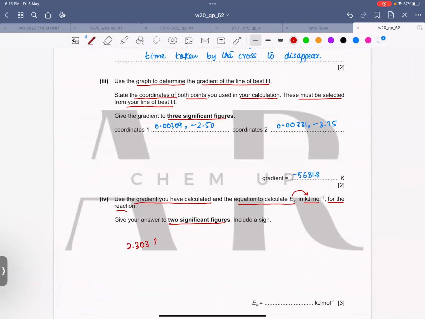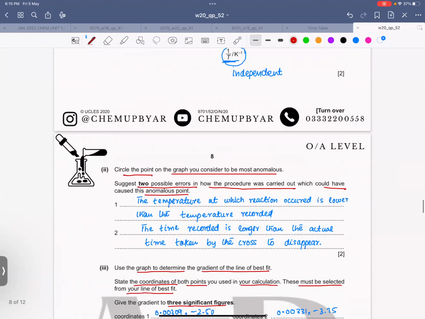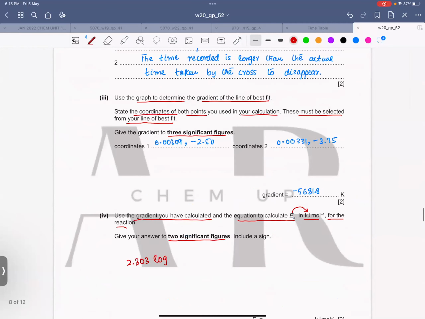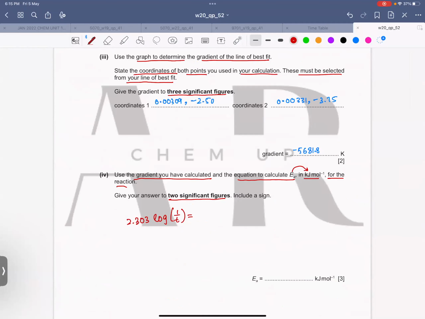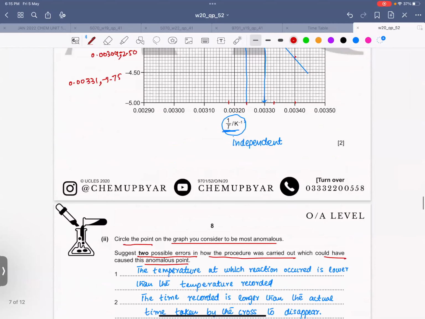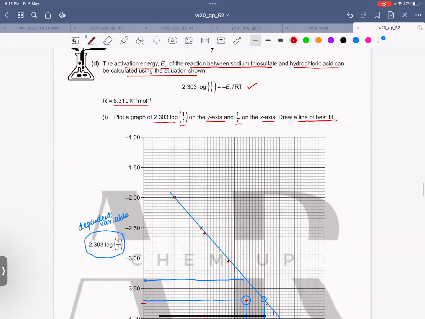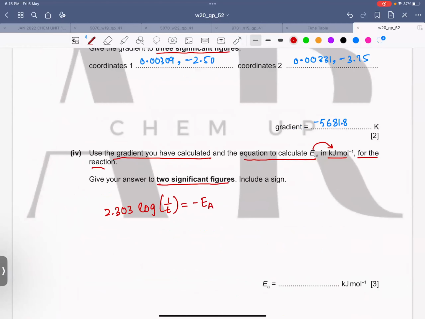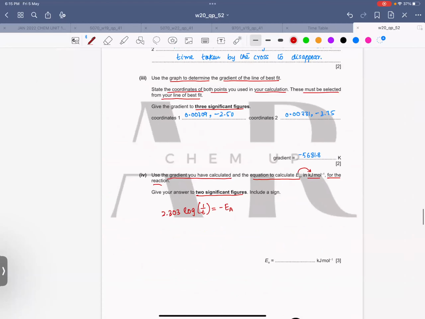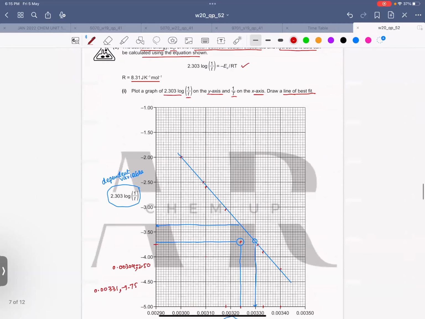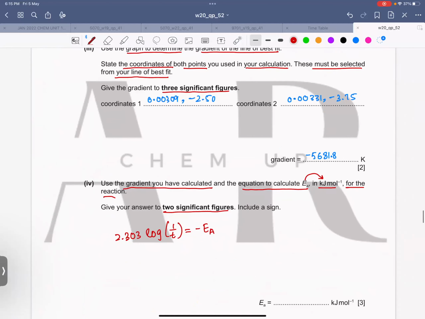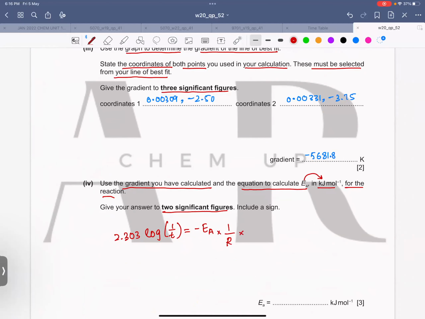It is 2.303 log 1/T is equal to minus EA, let me split it like this. Okay.